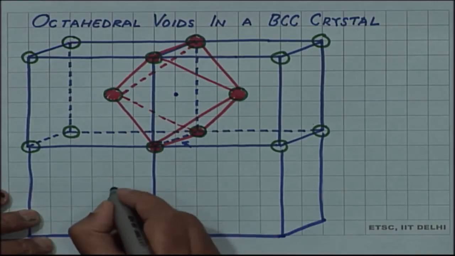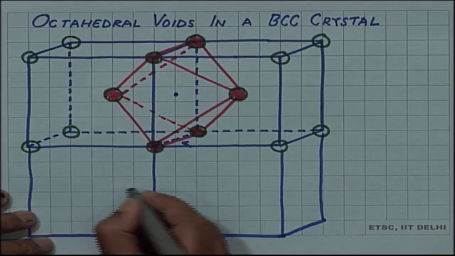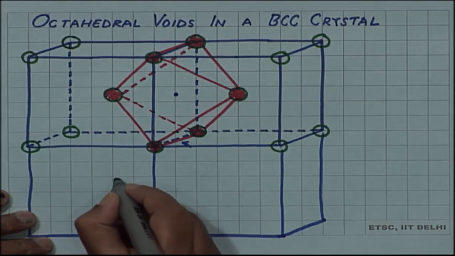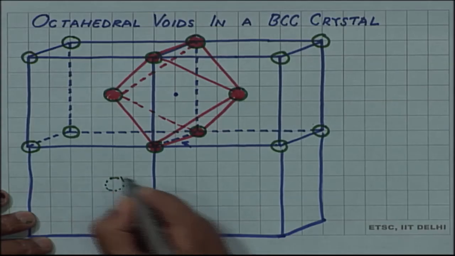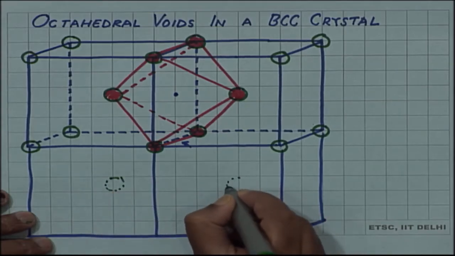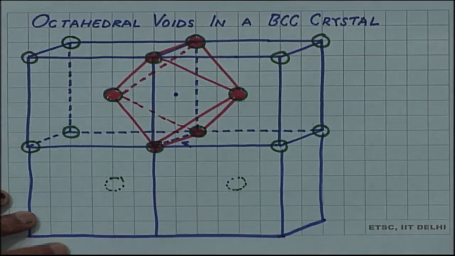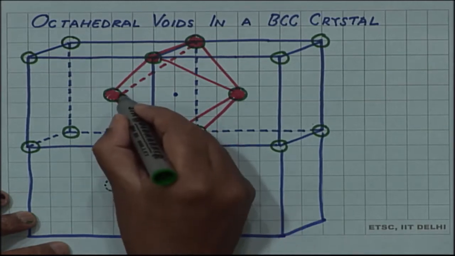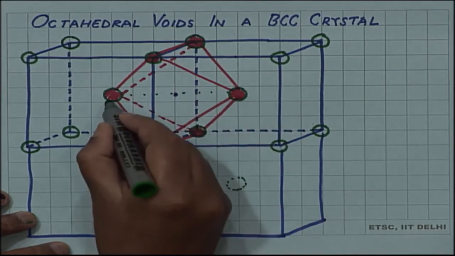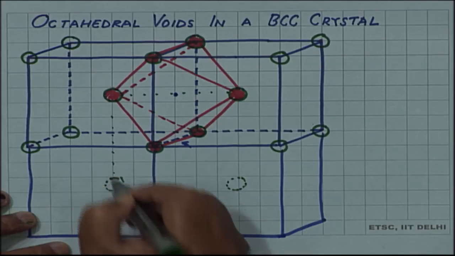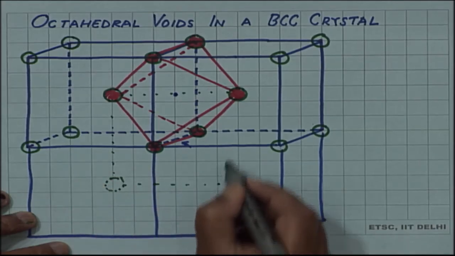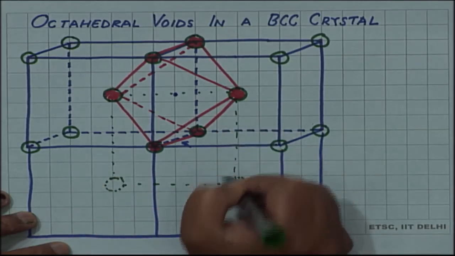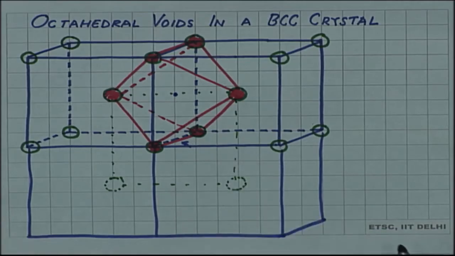So, if I draw the body centers of this cube and this cube, then you can see that these 4 body centers share a common edge. So, this bottom edge is the common edge around which there are 4 cubes.